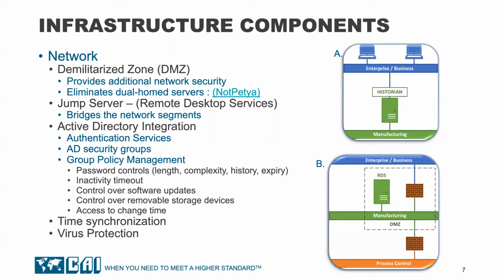In our data infrastructure diagram, there is an RDS, Remote Desktop Services server, within the DMZ. This kind of server is often referred to as a jump server. It allows you to jump from one network to another in a secure way. An RDS server can support secure remote access.